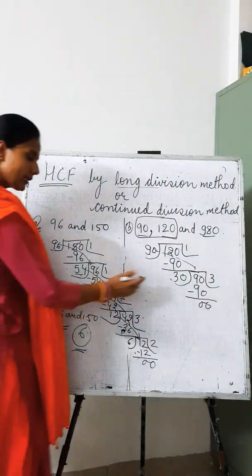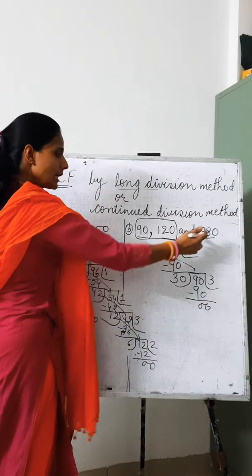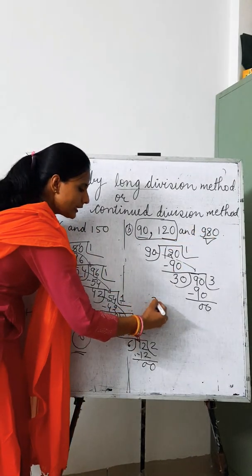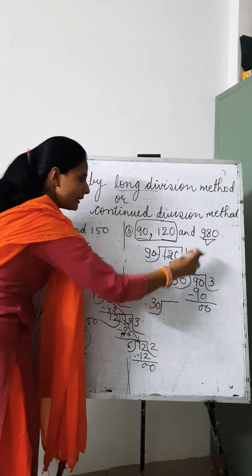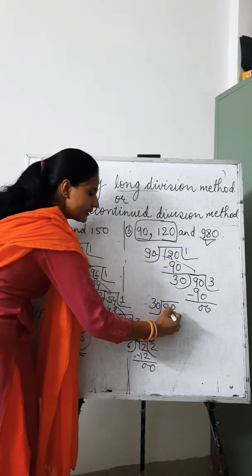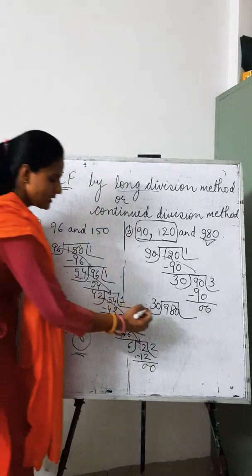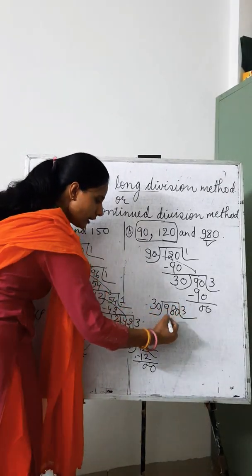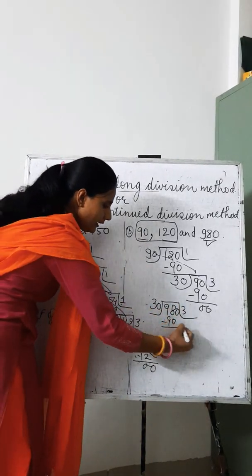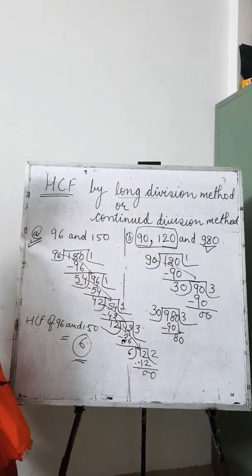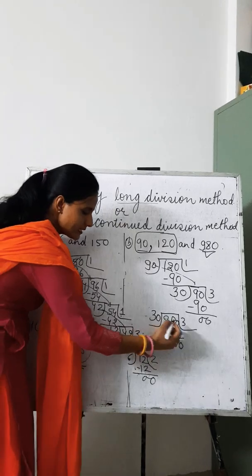But I can't stop my journey here, because I have one more number to solve. That is why 30 will act as a divisor, and the next number will act as a dividend, and you have to continue your division process. Now 30 3s are 90, and you will get 8 as a difference, and 0 drops down. Now still 80 is larger than this.